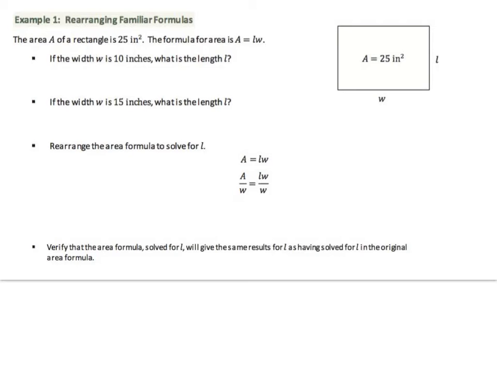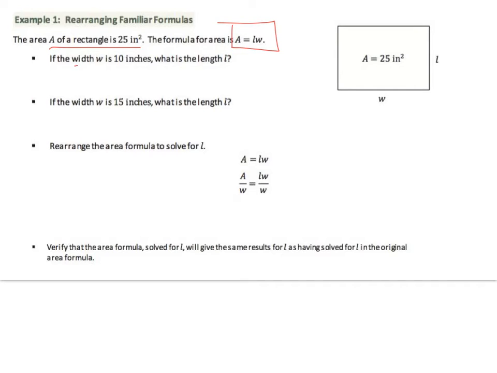Here we are, rearranging formulas again. These are very familiar formulas, like the area of a rectangle is length times width. On this particular problem, we're given that the area of a rectangle is 25 inches squared, and the formula is area equals length times width. So for this particular one, if the width is 10 inches, what is the length?